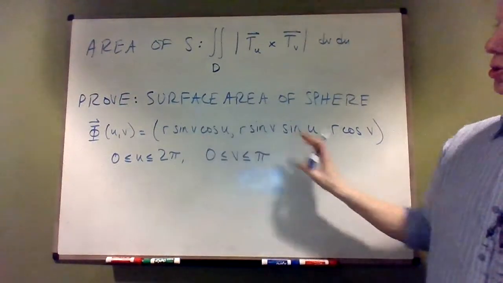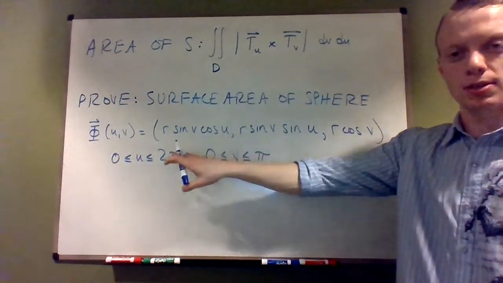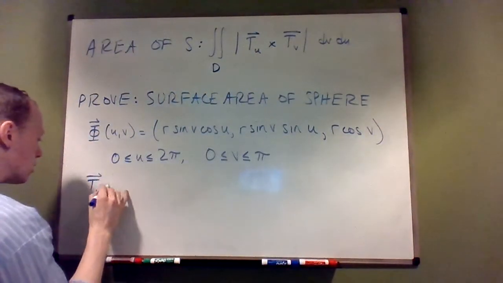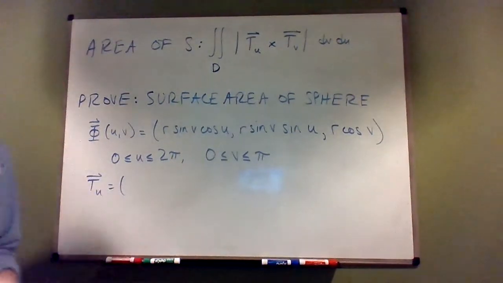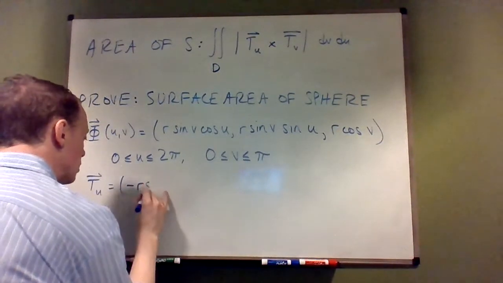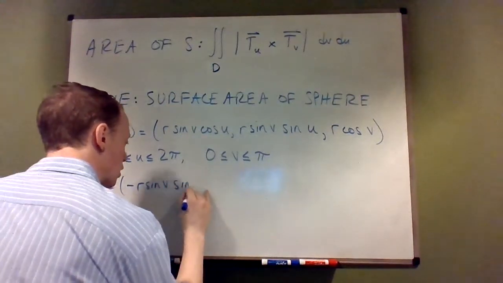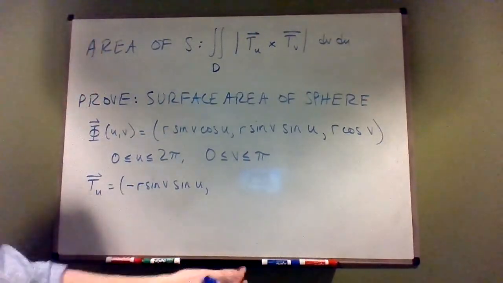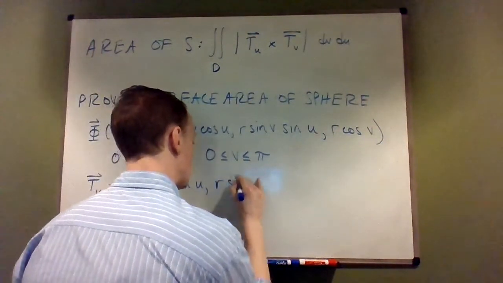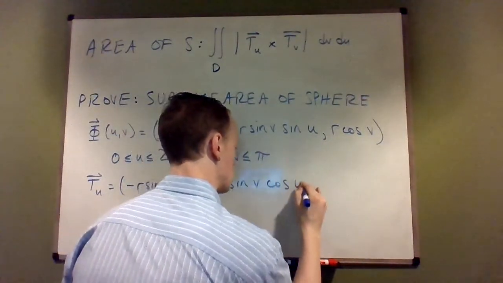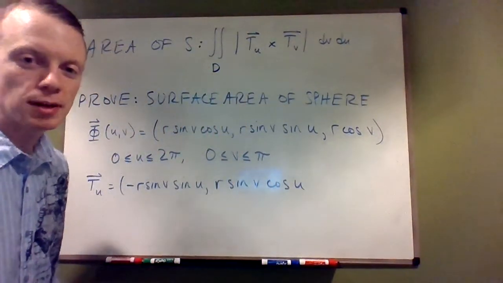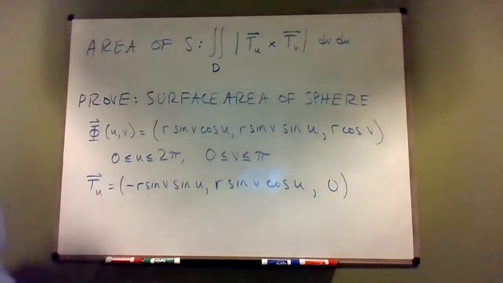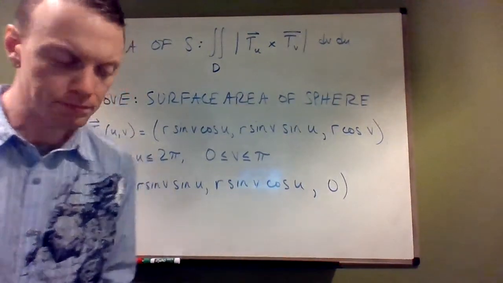If I take the partial of capital Phi hat with respect to u, that gets me T sub u, and that's going to give me minus r times the sine of v times the sine of u, comma r times the sine of v times the cosine of u, comma 0, because there's no u in that last part there.